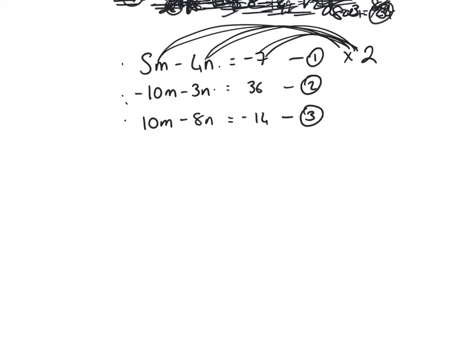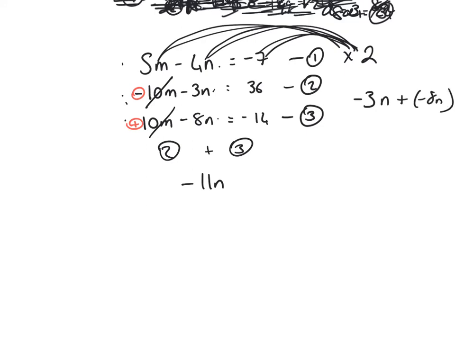Okay, so what's in front of that term? Well, it would be a plus. Signs are different, which tells me to add the equations. So equation 2 plus equation 3. Okay, the m terms cancel out. We've got minus 3n plus minus 8n, which is minus 11n.